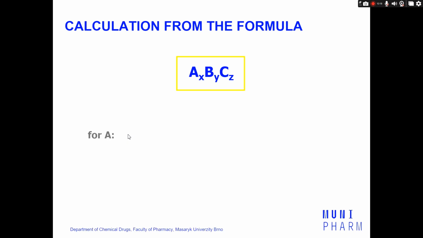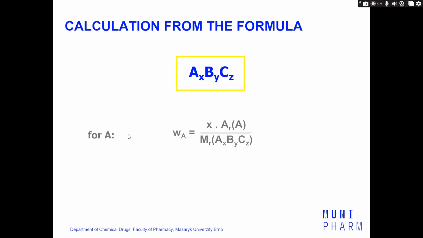If we don't know the specific mass of either the element or the compound, we can help ourselves in this way. What we always know is the relative mass of each element, and we are also able to calculate the relative mass of the compound. Remember the first video, when we introduced the quantities atomic and molecular relative masses. The mass fraction for element A will look like this.